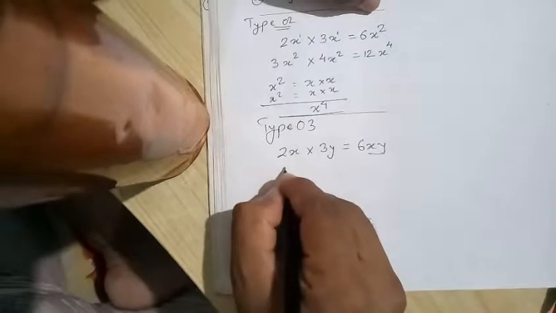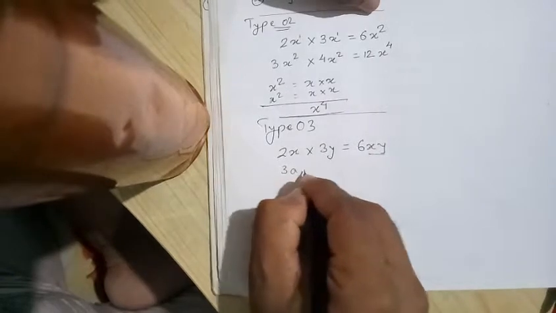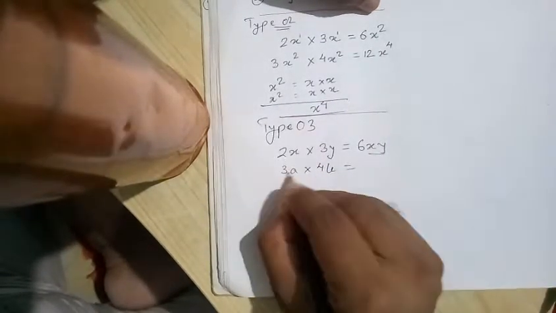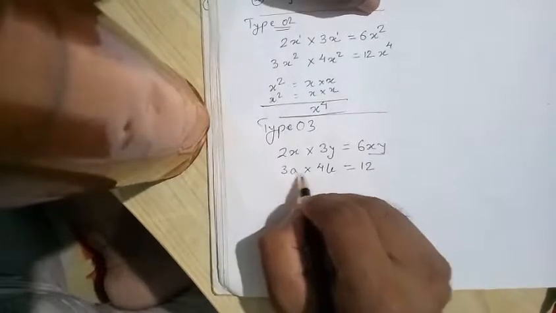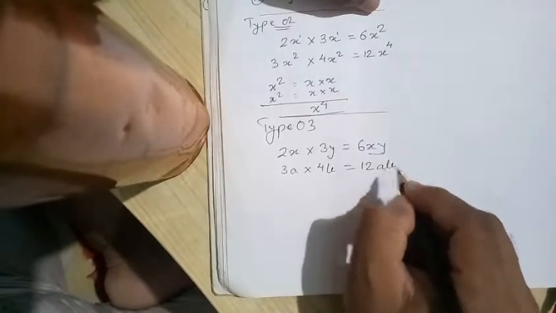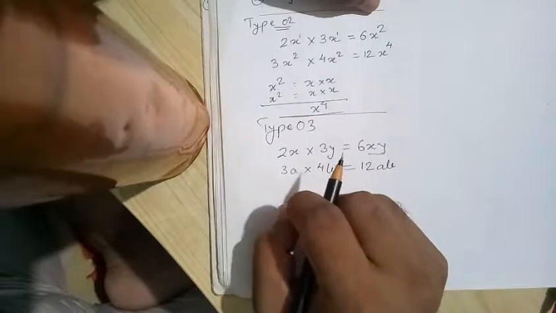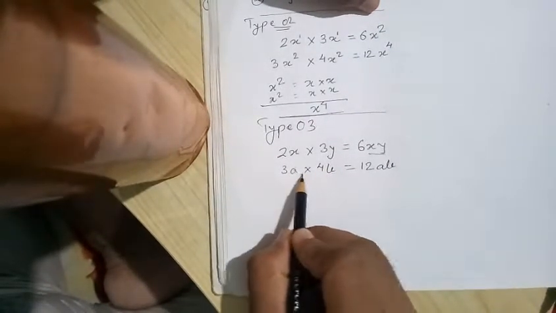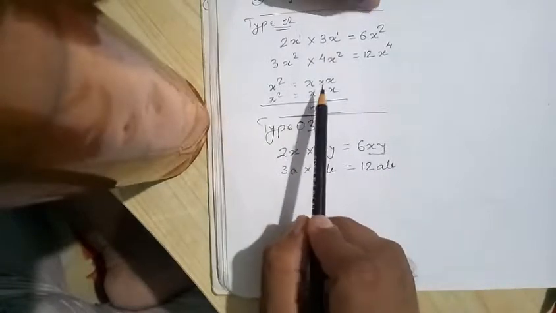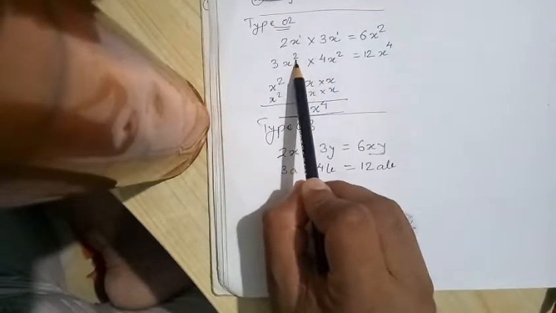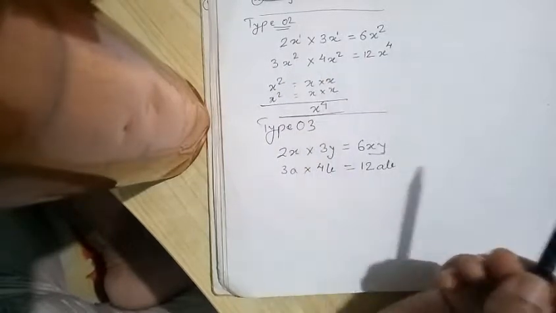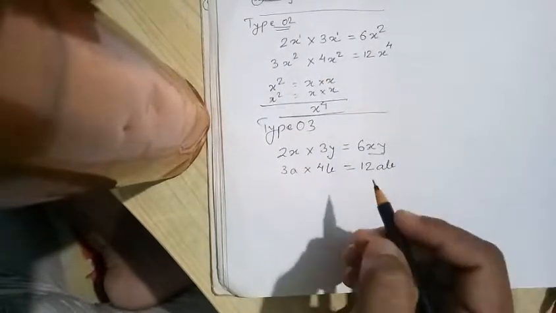For example, if you have 3a into 4b, the answer is 4 threes are 12, and a into b is ab. So there is no addition of their indices, because both variables are different. You can add the indices only when the variables are the same. Hope you understood. Let's move to the next part.